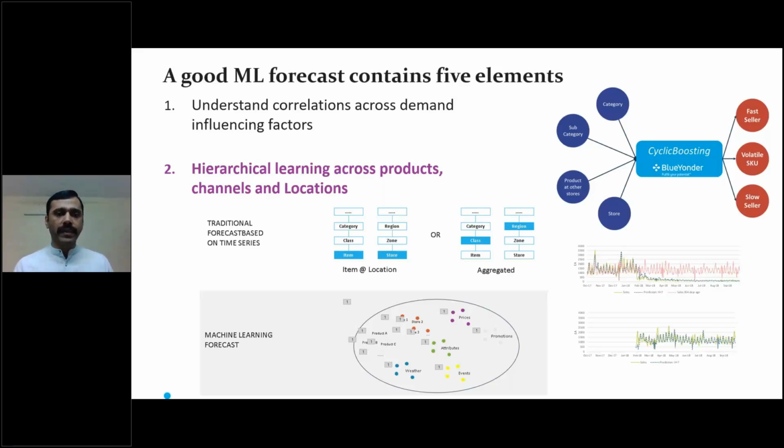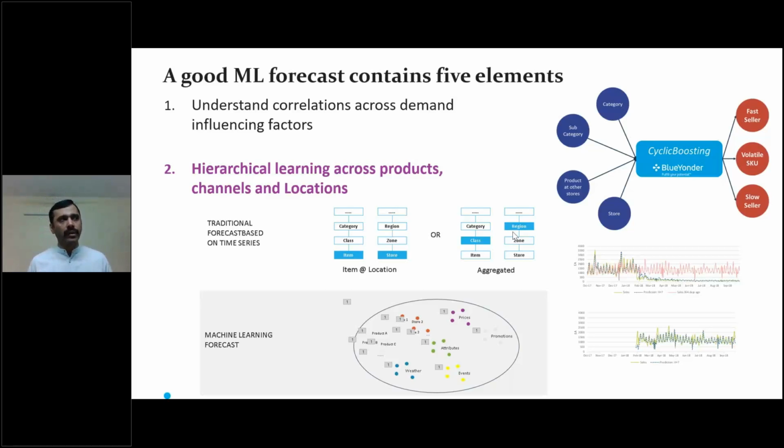So what it means is that traditional forecasting approaches would look at, say, a given item at store combination, or I would look at, say, a product category or a product class and a region intersection, look at the time series for that intersection, and come up with an equation that would help me forecast. But what ML can actually help us do is also understand how these interact with each other, right?